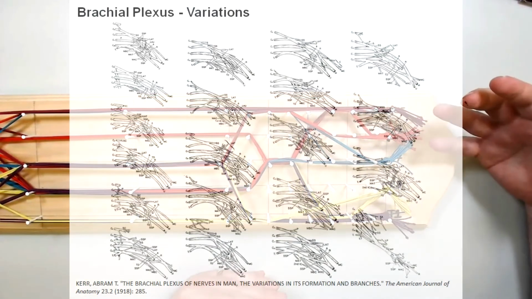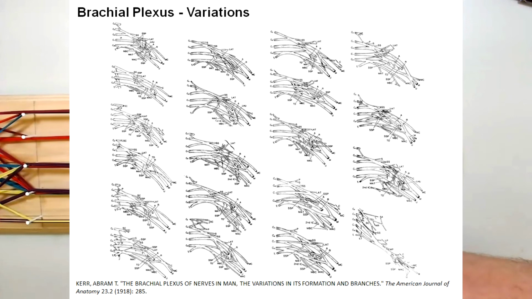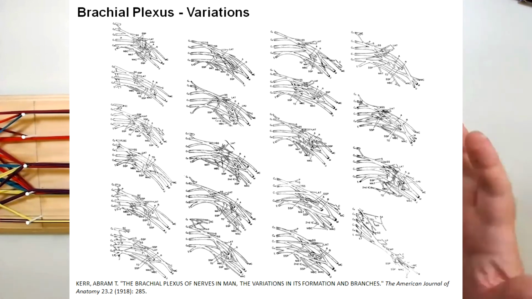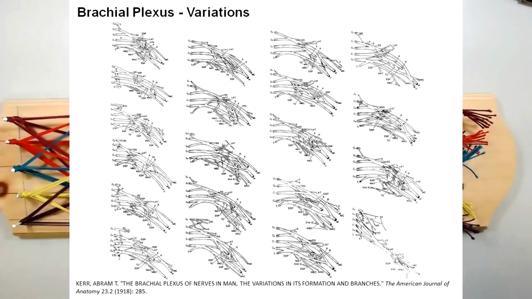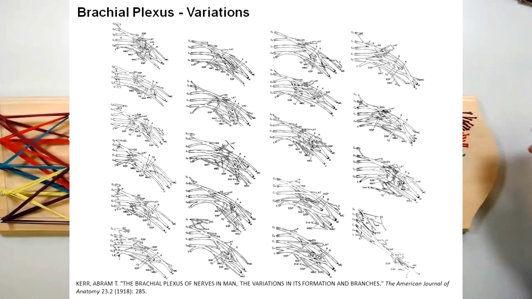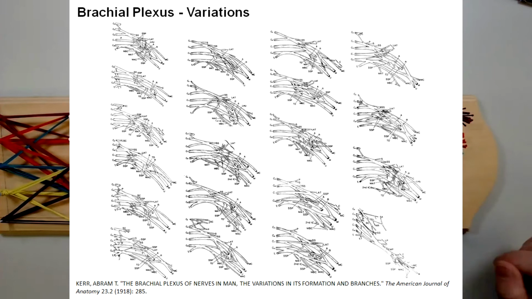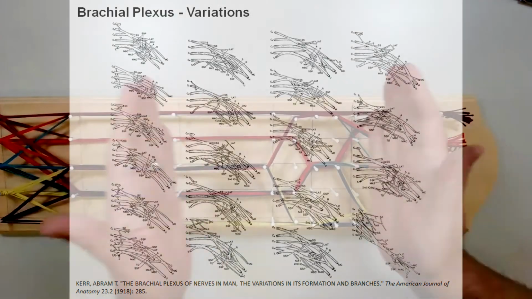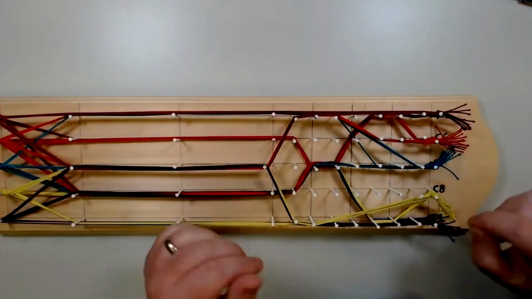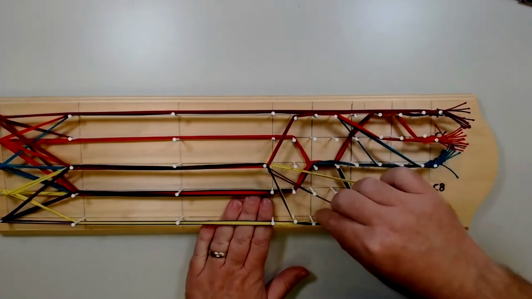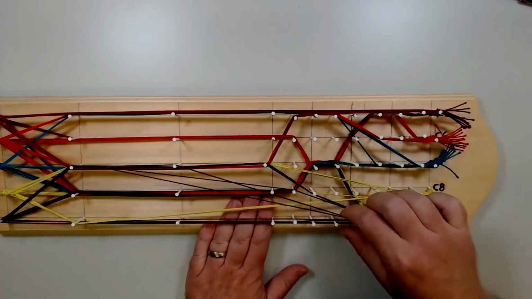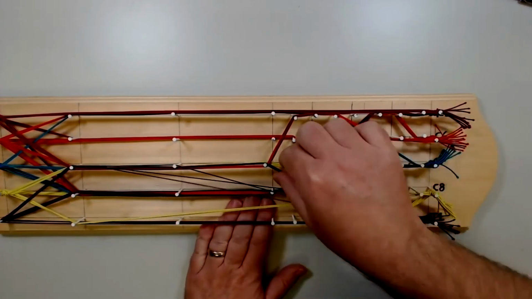Now, in this figure, you can see that there are many, many variations in the route that's taken, but the endpoint is always the same. Everything functions just fine. So just to prove that really quick, I'm going to undo this brachial plexus and turn it back into a simple segmental distribution of dermomyotomes.